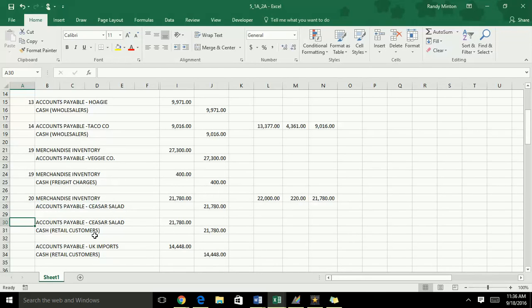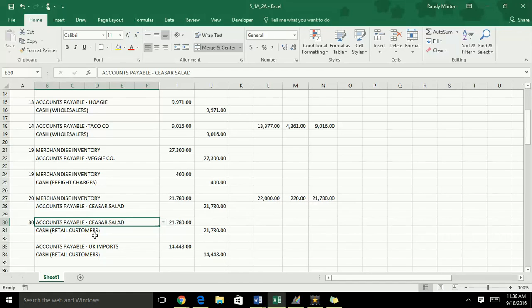Okay, the next one. On the 30th, we paid Caesar Salad Company for the invoice of October the 20th. And remember, what happened here was they gave us 1% if we paid within 10 days. So that's why this is happening on the 30th. I'm going to put in the 30th here.